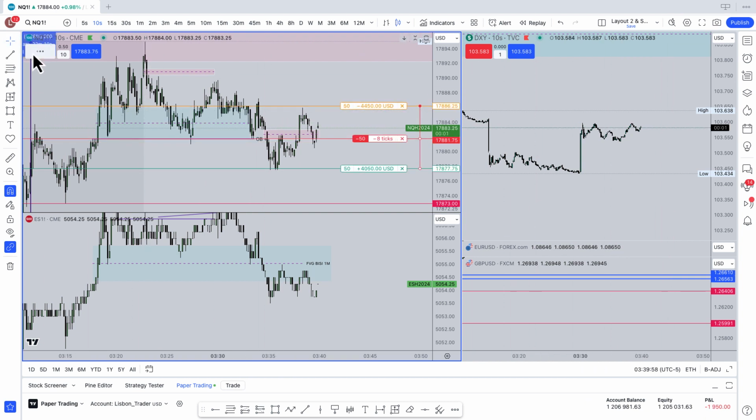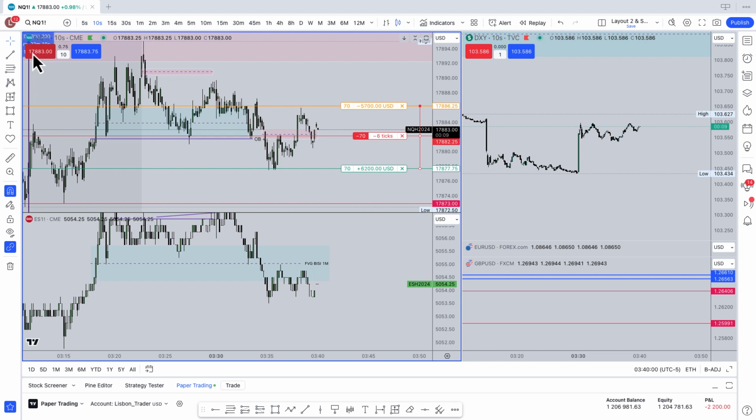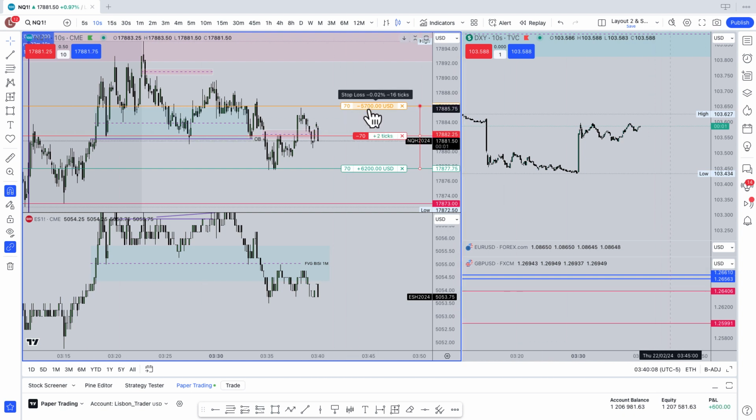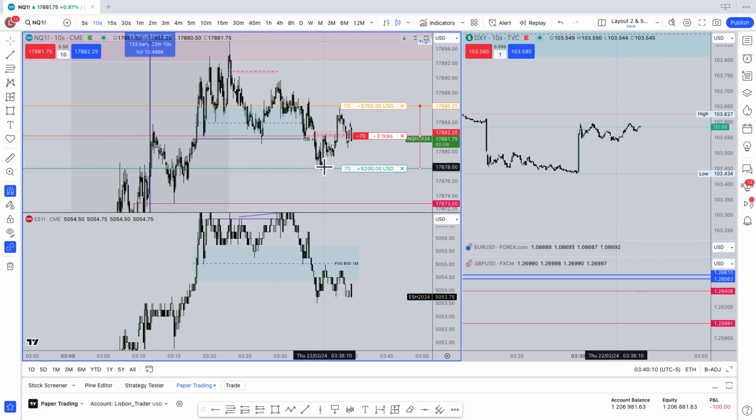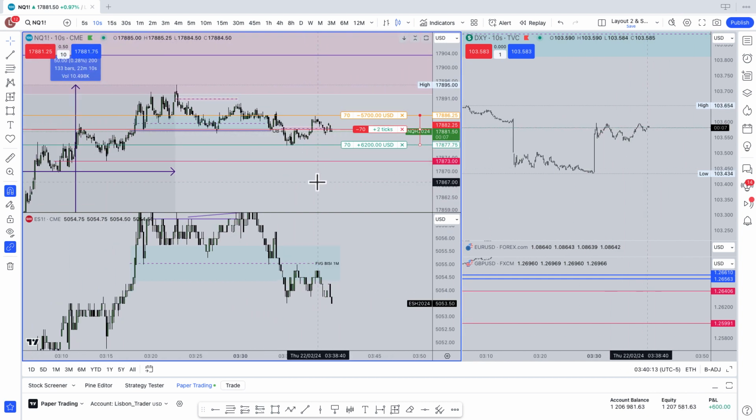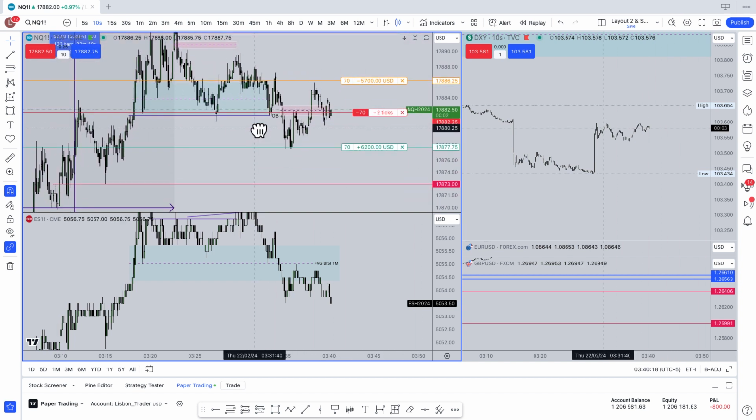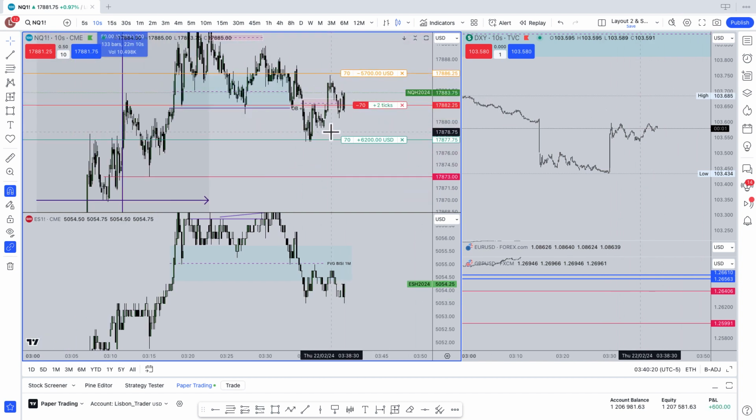Still running in with profits. So we are 206. Risk 5k, so risking the profits of the morning session to gain 6k. So one-to-one trade basically.